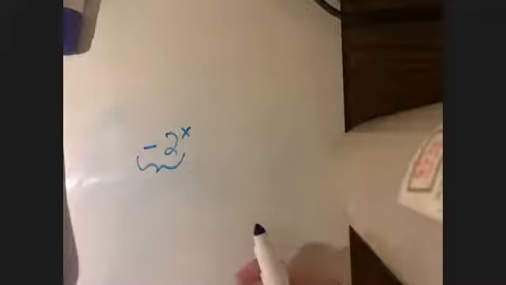Now, back to that one about the reflection. I am a wee bit leery when they do something like this, because the question is, where does this negative go? Does the negative go with the 2, which we don't do because that makes it a negative base, and that's not allowed, or does it go here?